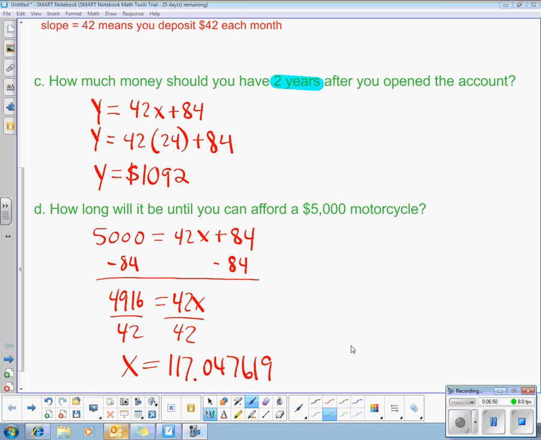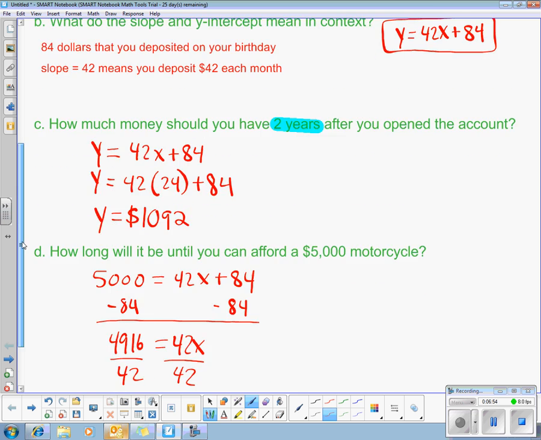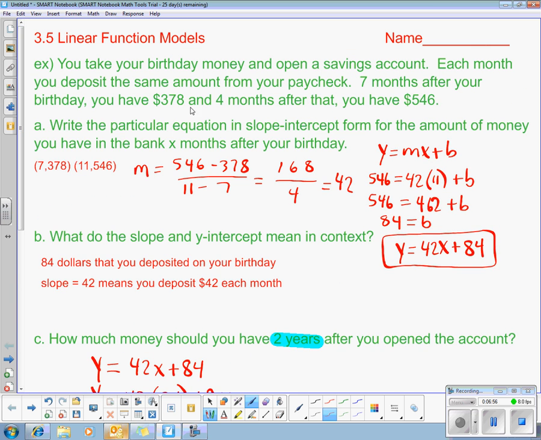But just to review quickly, this is one of the main styles of linear problems. You gather the data from the question, which is 2 data points within your question: at 7 months, you have $378, and at 11 months total, which was 4 months after that, you have $546.